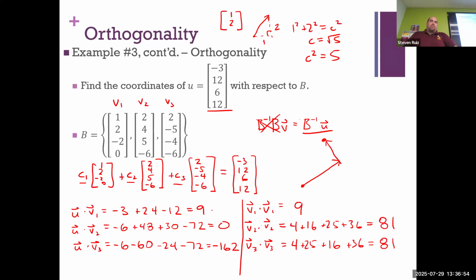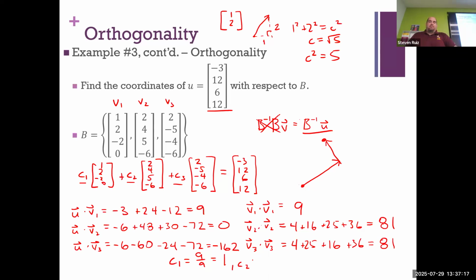U dot V1 is equal to 9. V1 dot V1 is equal to 9. So that suggests to me that C1 is going to be equal to 9 over 9, which is 1. This is something I'm allowed to do because I know that vector 1, vector 2, and vector 3, their directions are all completely independent from each other.